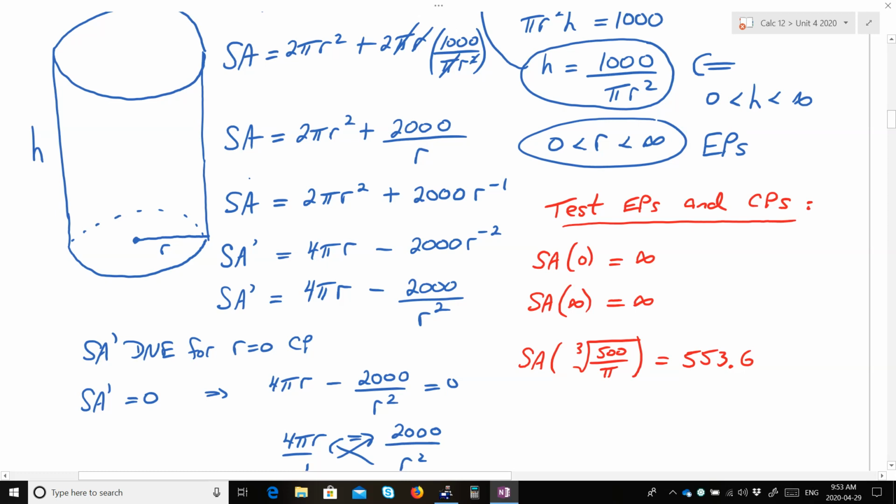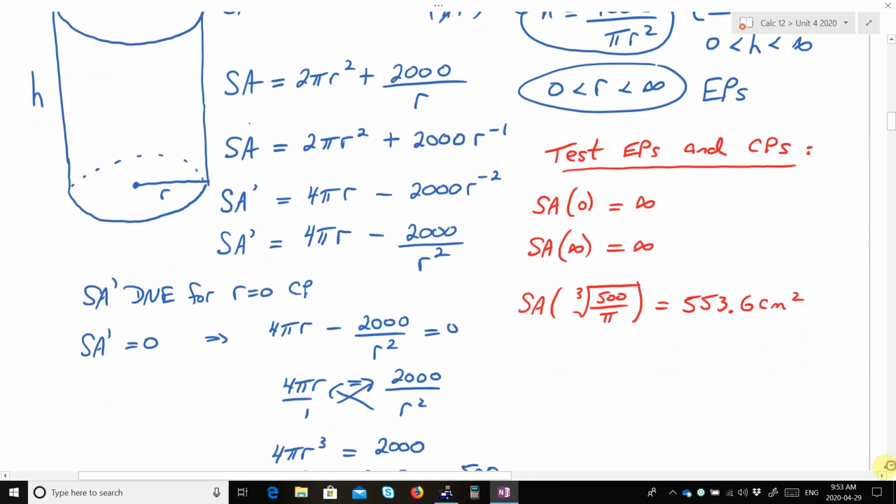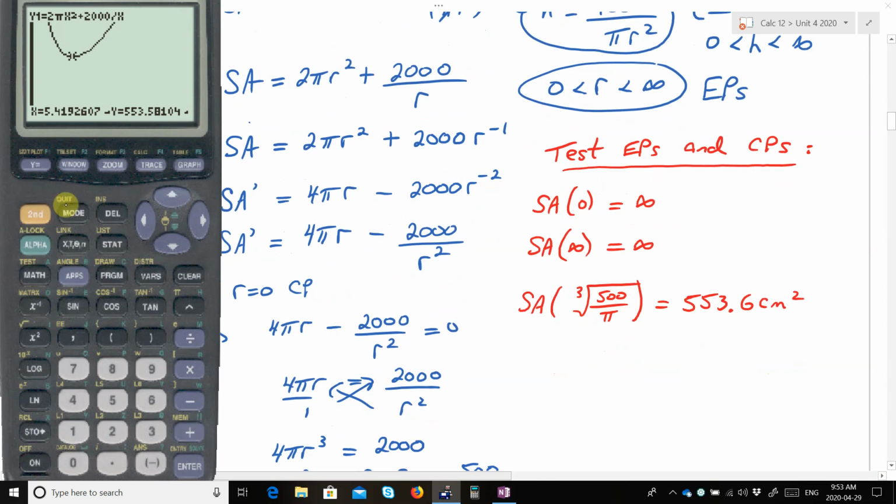That is going to be centimeters squared. And we could also check it the other way if we actually used the minimum function. Does it give us that 5.4? There we go. Perfect. That is great.